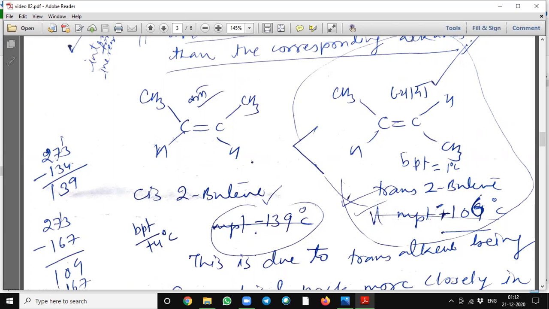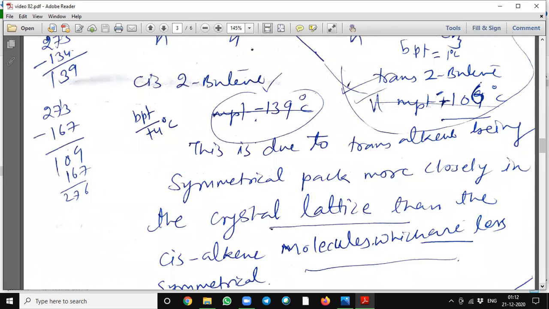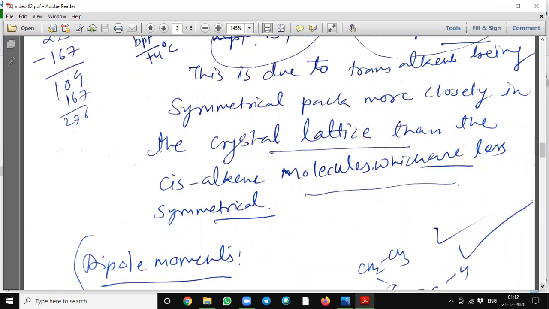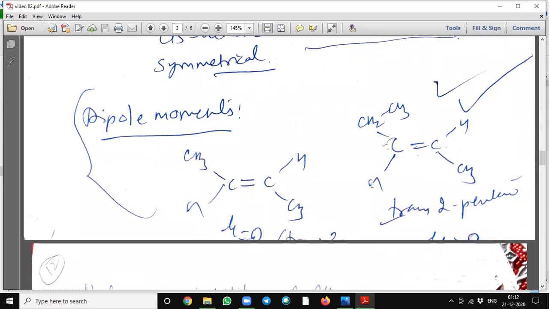This is due to the trans alkene being symmetrically packed, more closely in the crystal lattice than the cis alkene molecules, which are less symmetrical. Dipole moment: cis has a higher dipole moment than trans, which has almost zero. Trans-2-pentene has a slightly greater dipole moment.